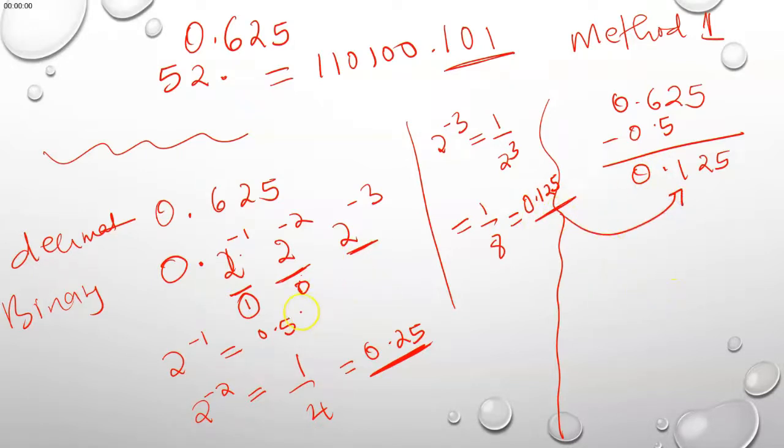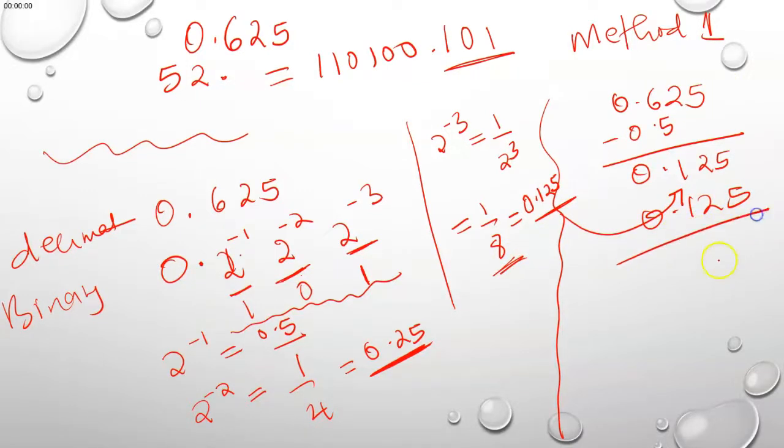And for that reason, we say that 0.625 is going to be represented by 1, which is 2 to the power minus 1; 0 for 2 to the power minus 2 because it is bigger than the remainder; and 1 because the remainder is equivalent to 0.125 that we have seen. When you subtract, you get 0.0.